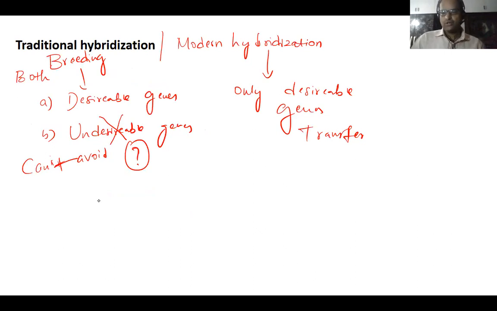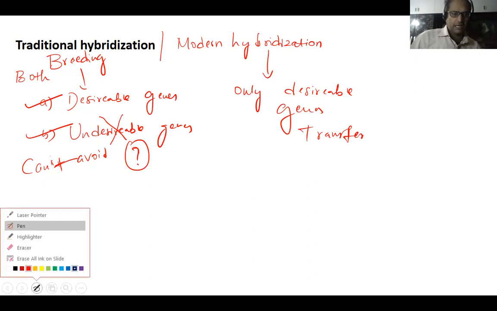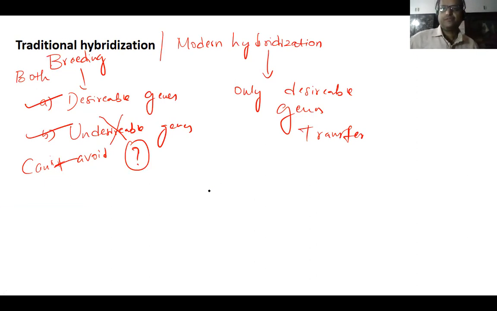After knowing the two principles of biotechnology, the second point is traditional hybridization. What is the difference between traditional hybridization and modern hybridization? In traditional hybridization, students, if we want to breed, then for the next generation both desirable genes and undesirable genes will be transferred.